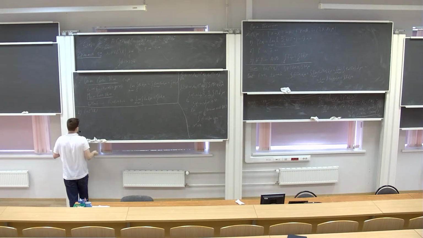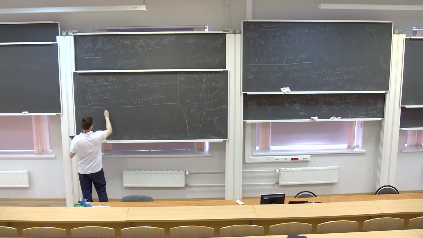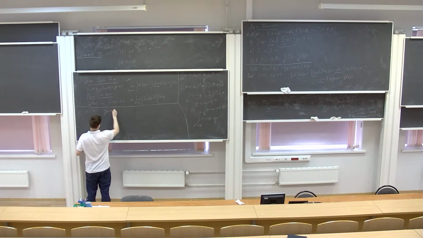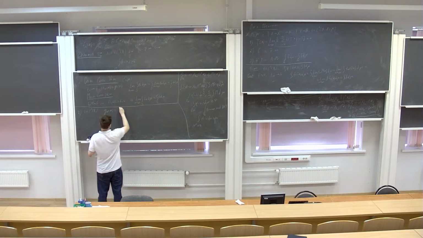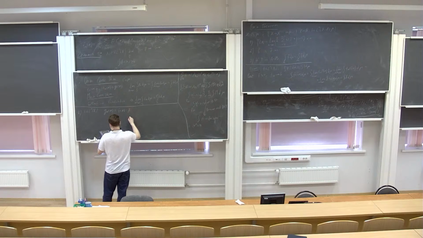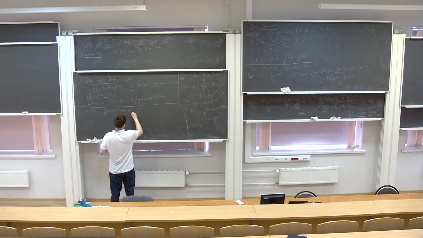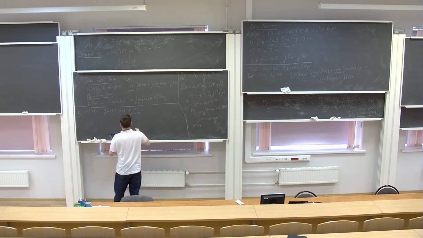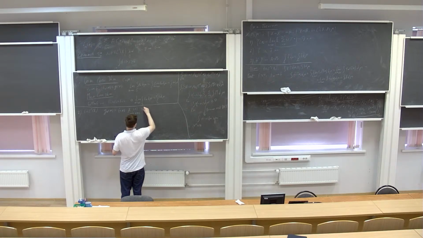Well, if f is an L1 function, let's look at Gn functions that look like this. They're just f of x times the characteristic function of the set of points in which the absolute value of f is less than n, for any n.